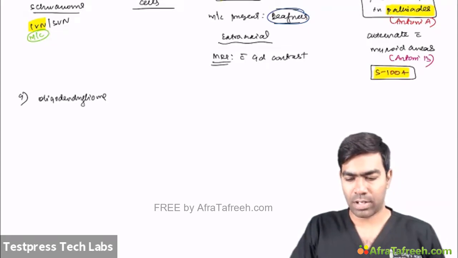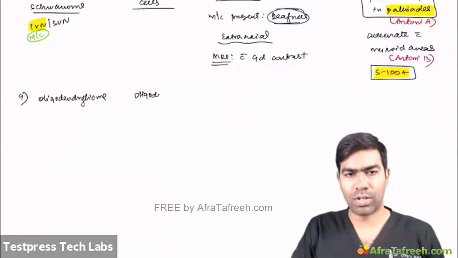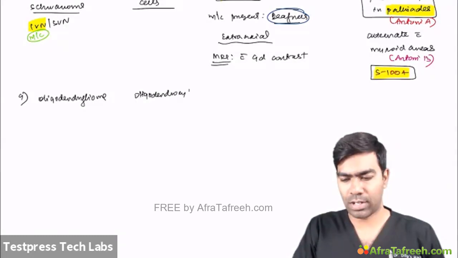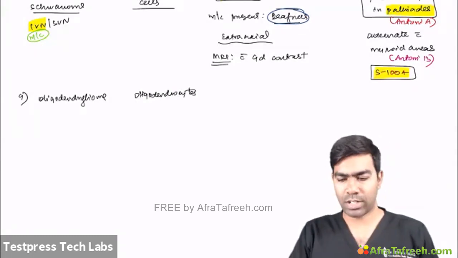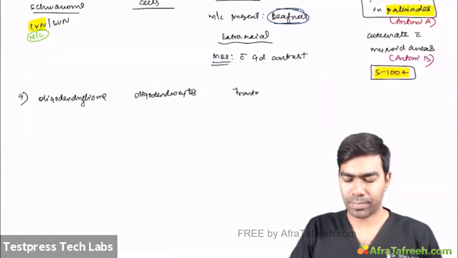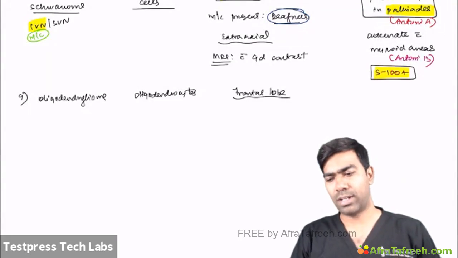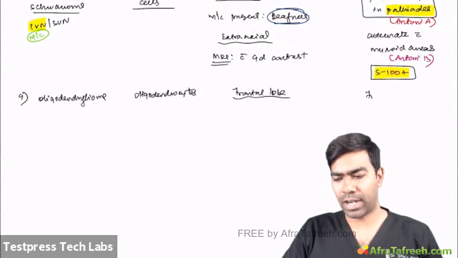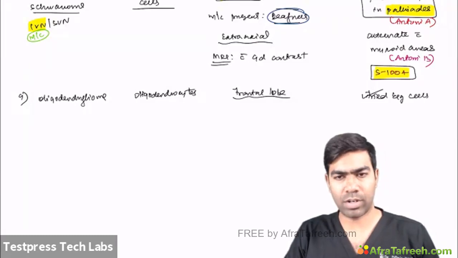Oligodendroglioma. It's going to originate from oligodendrocytes. We know that. And the typical location will be the frontal lobe. The finding again will be fried egg cells. We saw what fried egg cells are already.